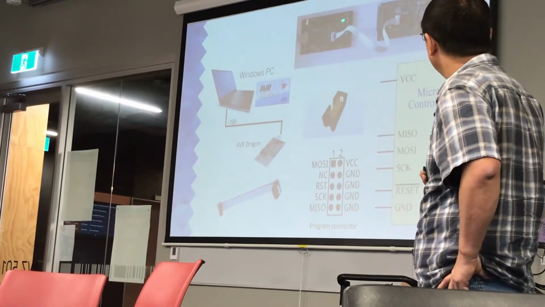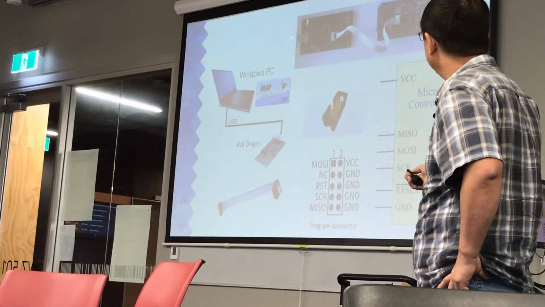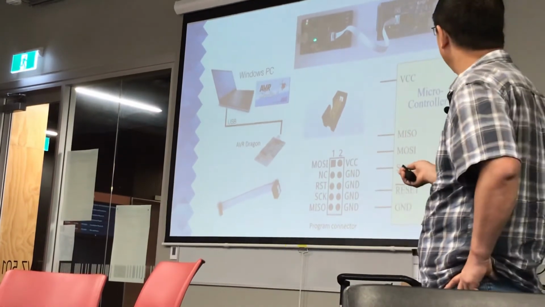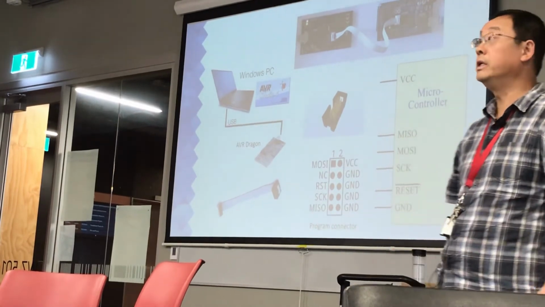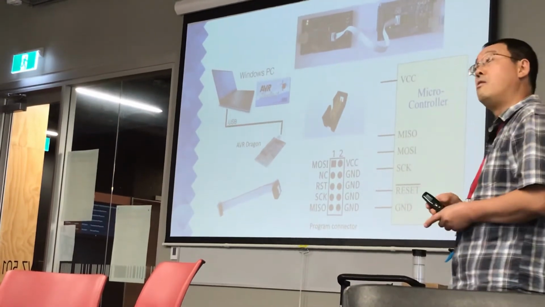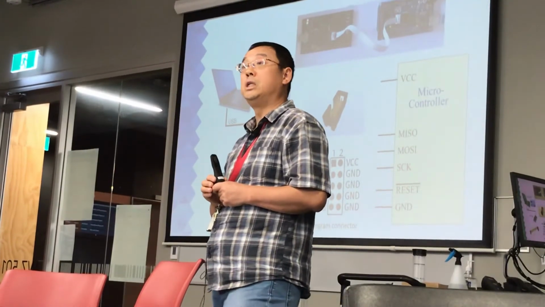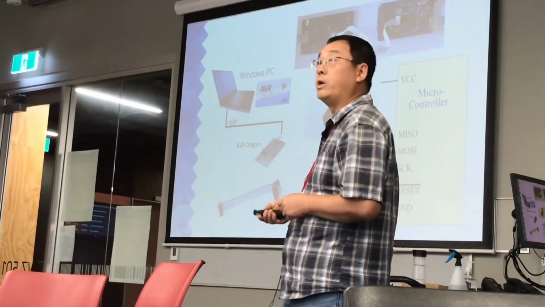Through this cable you talk with the emulator, and the emulator talks through the USB cable to your PC, so you can transfer your code to the microcontroller. That's how it works.